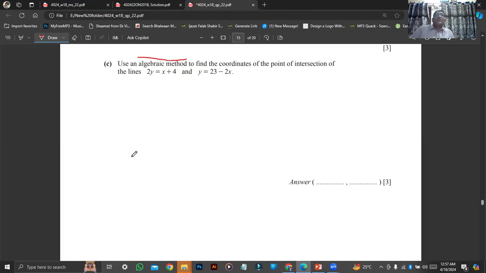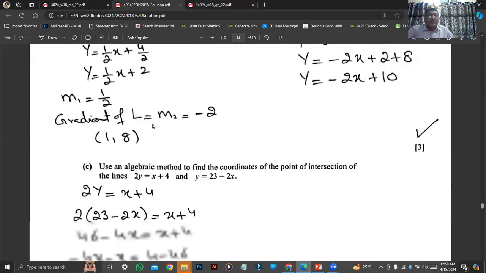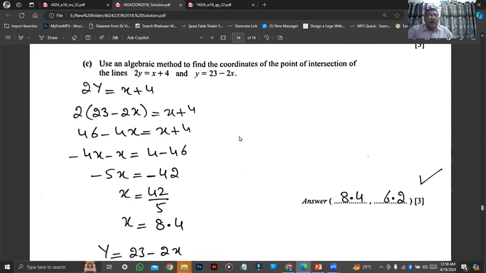So if you want to find the point of intersection, you will have to solve them simultaneously. Here the y value is already in terms of x, so you just substitute it in the place of y, and you will be able to solve it.